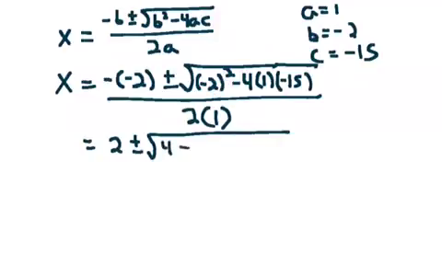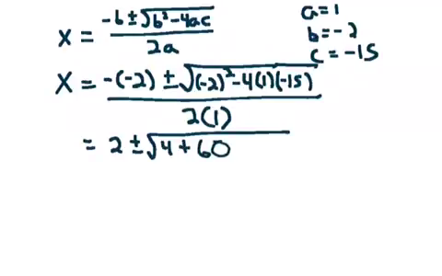Positive 4 minus, we've got 4 times 1 times negative 15. So 4 times 1, that's 4. And really it's negative 4 times negative 15, and that's going to give me a positive because I've got a negative 4 times a negative 15. So that gives me positive. And 4 times 15 is, of course, 60.